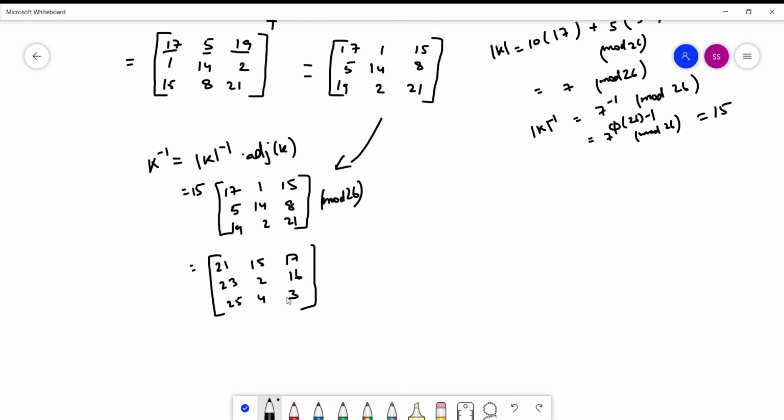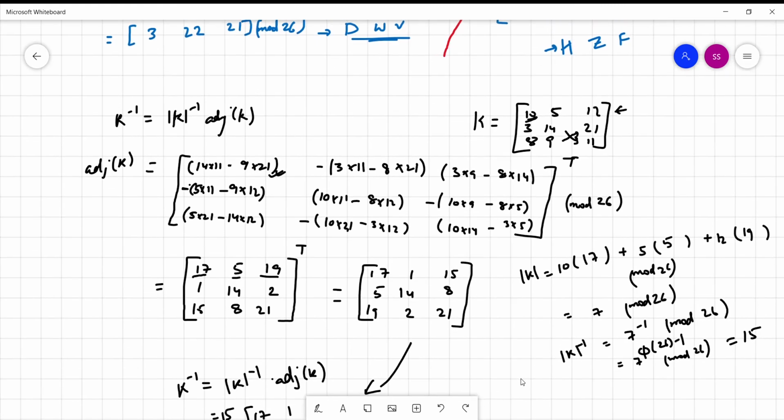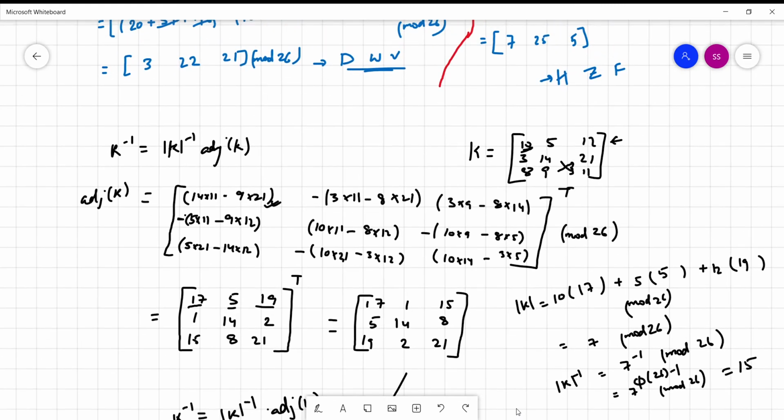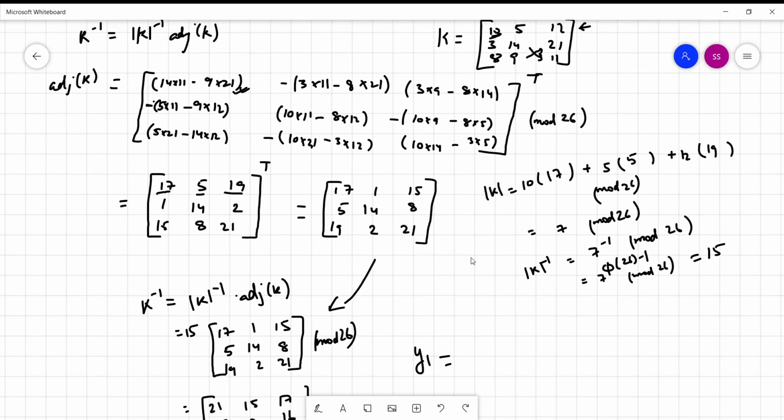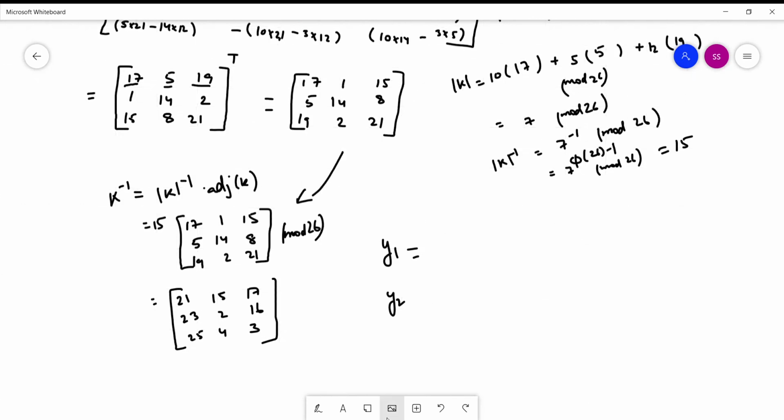I'm not showing you the solution. You can always try and verify your answer from here. So now I got my k inverse, and if you remember, I have already found my y1 and y2. Okay, so value of my y1 is 322, 21. Okay, so I will write it down.